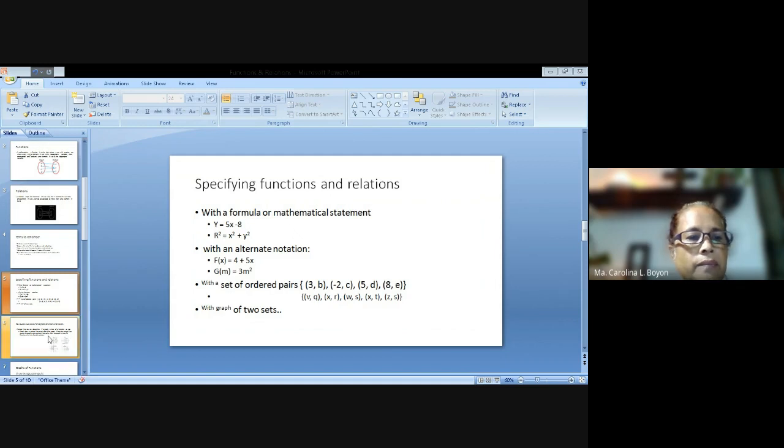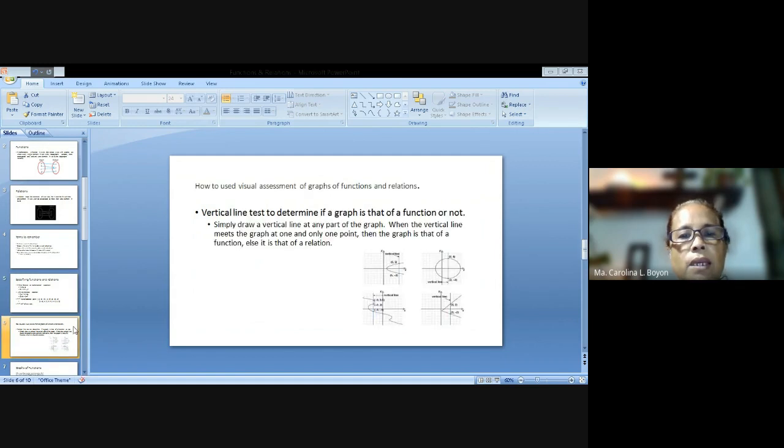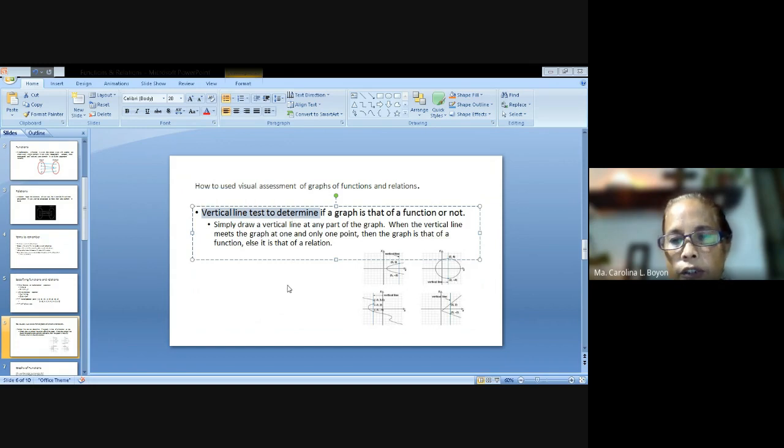Now, how do we visualize graphs of functions or relations? We have what we know as the vertical line test to determine if a graph is that of a function or not. What will be the vertical line that we need to draw?